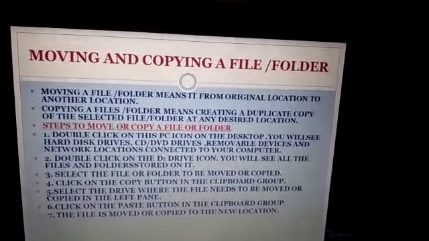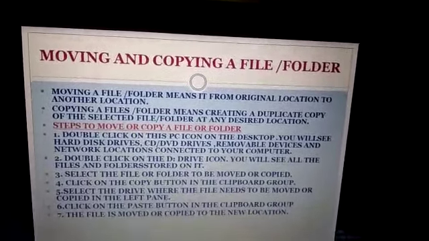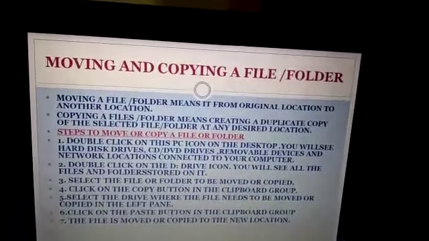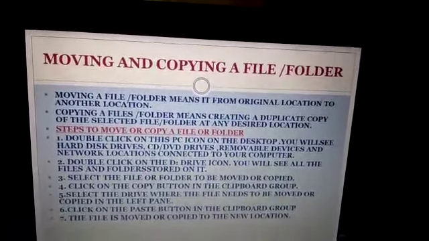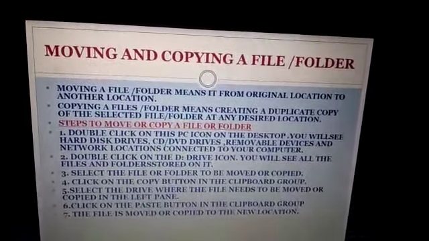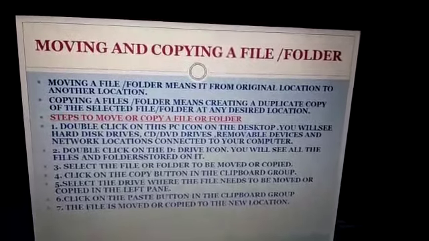So let's see the steps. So first step is double click on the This PC icon on the desktop. You will see hard disk drive, CD or DVD drives, removable device and network location connected to your computer. So let me clear you first of all.